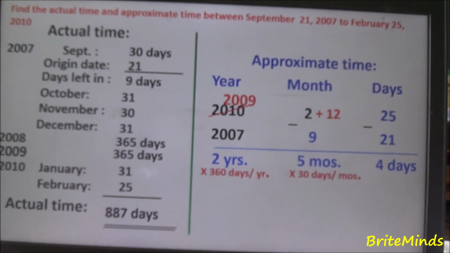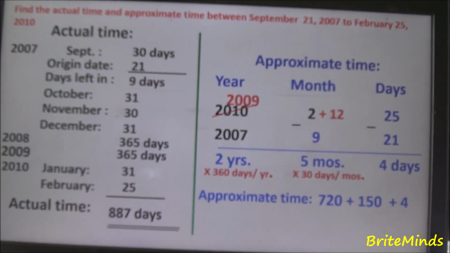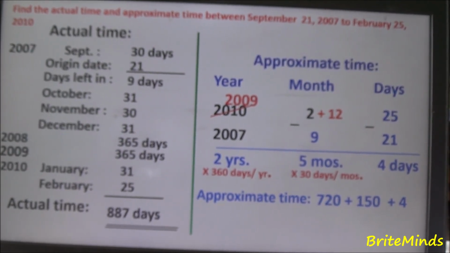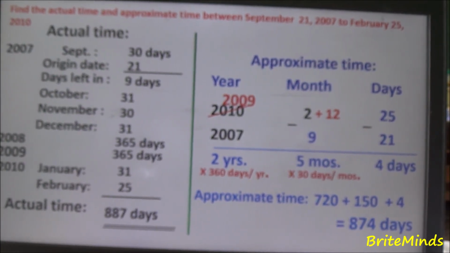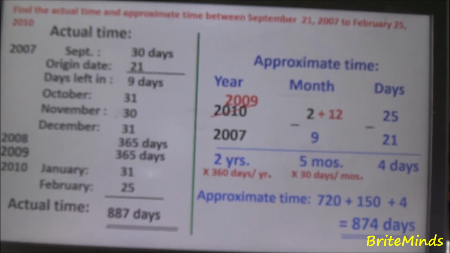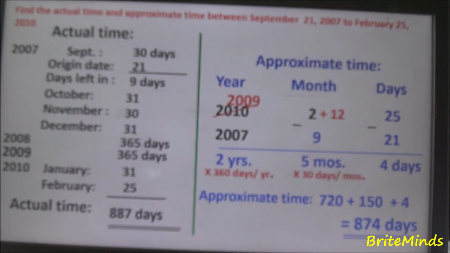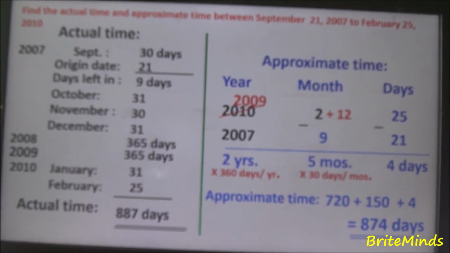So our approximate time is 720 days plus 150 days plus 4 days. So the total approximate time is 874 days. So actual time is longer than the approximate time. So you can see the difference.